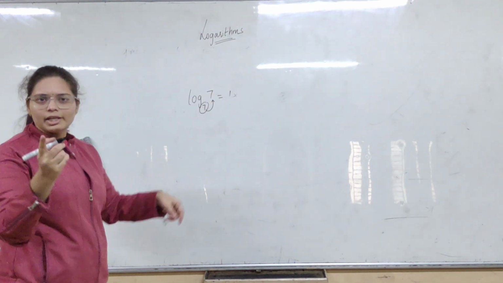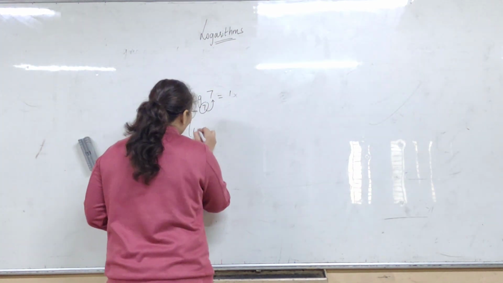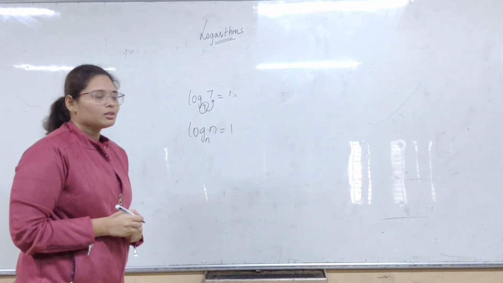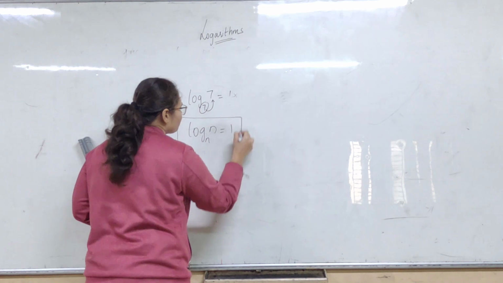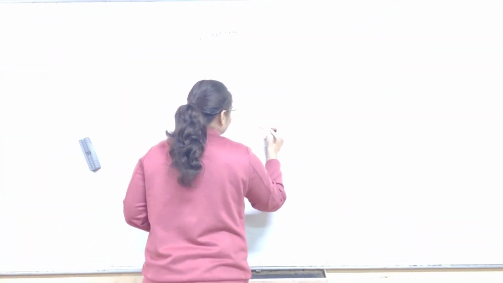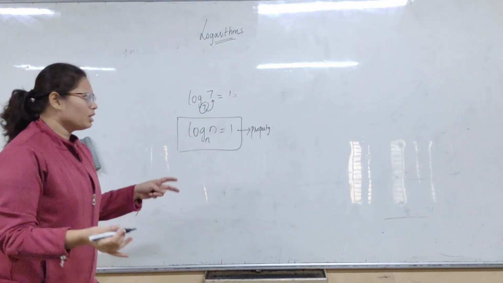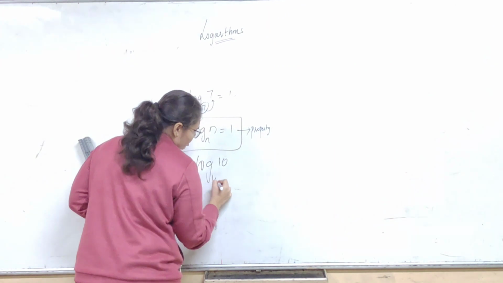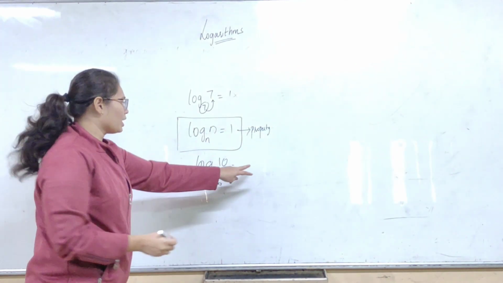So through this we can derive a property. What is that? Log n to the base n is equals to 1. Right. So this is a property. See, even if we take log 10 to the base 10, what will it be? 1.